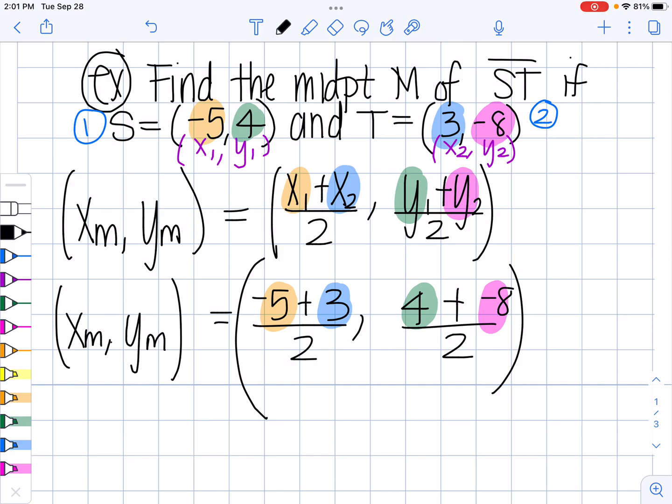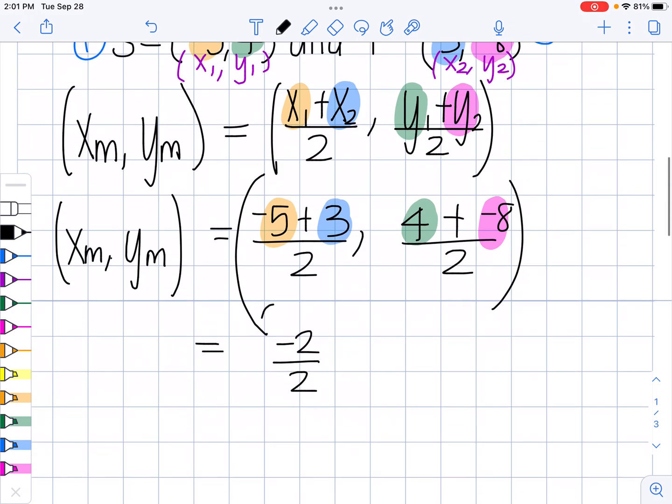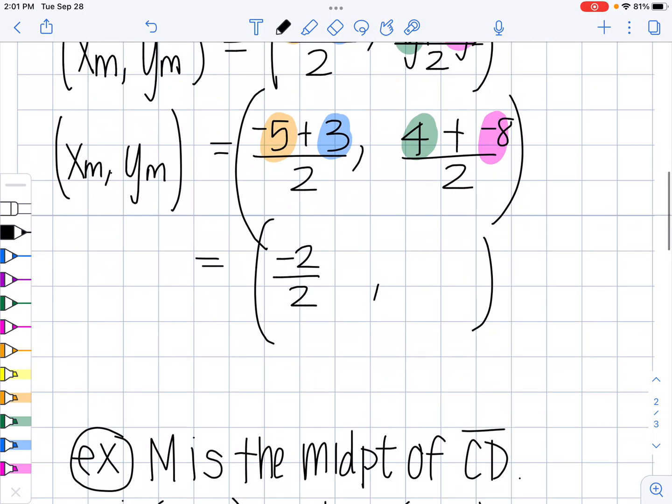So now I do the math on the right hand side. I'm going to do each coordinate first. So I'm going to do this first. First I'm going to add together -5 plus 3, which gives me -2. And -2 divided by 2 is -1. Then I'm going to do the y coordinate next.